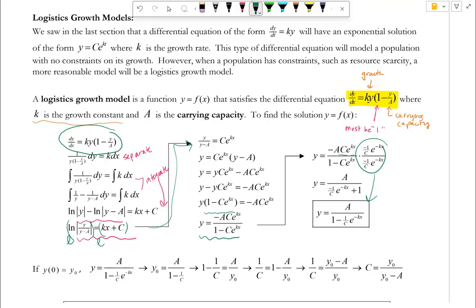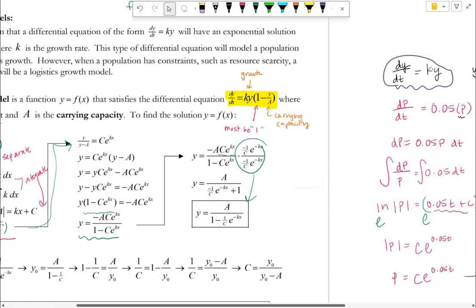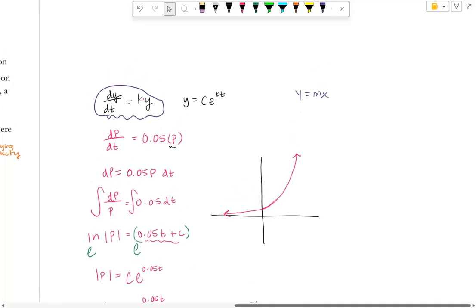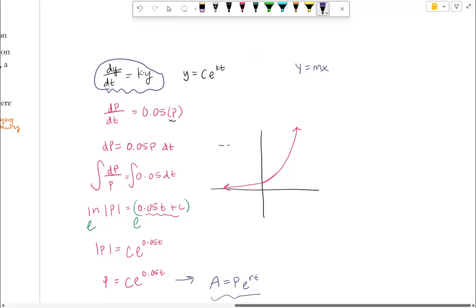The other thing that we want to know is what a logistic model looks like. So graphically, we said an exponential model is unbounded and it goes on forever. But for a logistic model, we said that there is a carrying capacity. So as our graph gets closer to our carrying capacity, we're going to have this asymptote here that represents our carrying capacity.